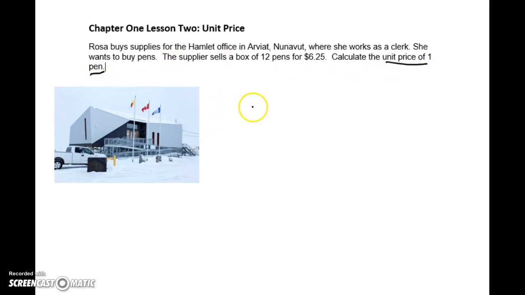And then we can go back and reread. We know what we want to do. Now go back and cross out some of that unessential or unimportant information. So once again, starting with your first sentence: Rosa buys supplies for the Hamlet office in Arviat, Nunavut, where she works as a clerk. That sentence doesn't actually tell you any information in terms of your unit price.